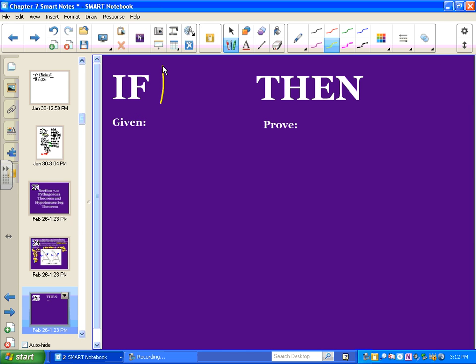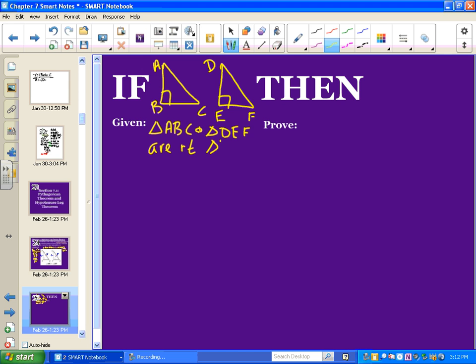So I'm going to draw two triangles, triangle ABC and triangle DEF. We're given that triangle ABC and triangle DEF are right triangles. And we're also told that AB is congruent to DE and AC is congruent to DF.